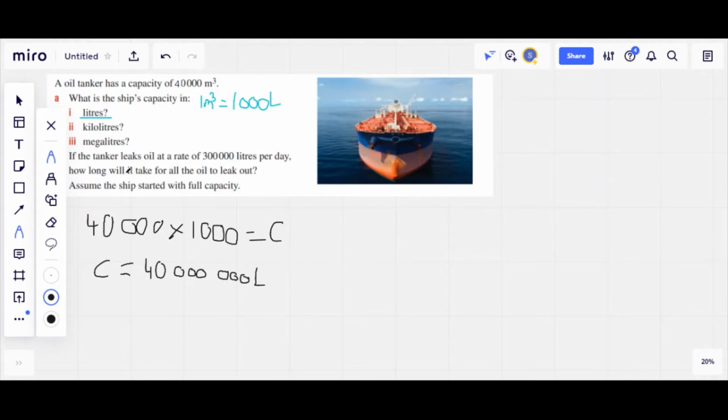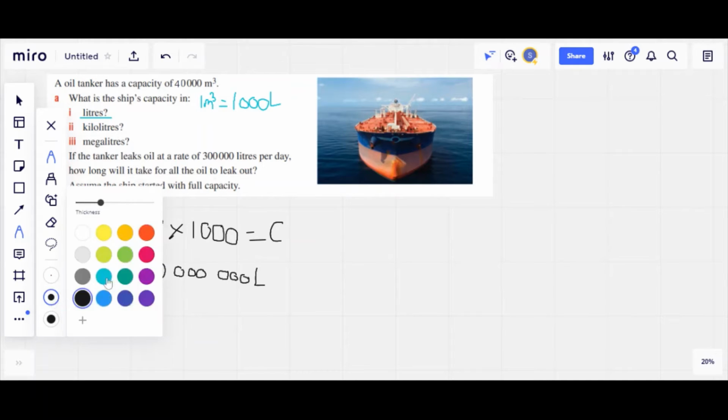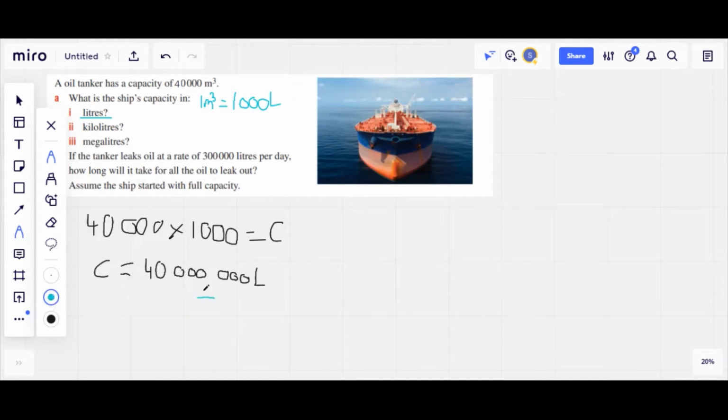So now what we have to do is convert these liters into kiloliters. So we know that there's 1,000 liters in 1 kiloliter. So what we need to do, we need to divide. Let's divide that by 1,000 to get our kiloliters.